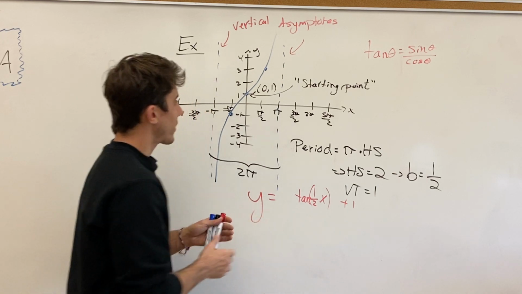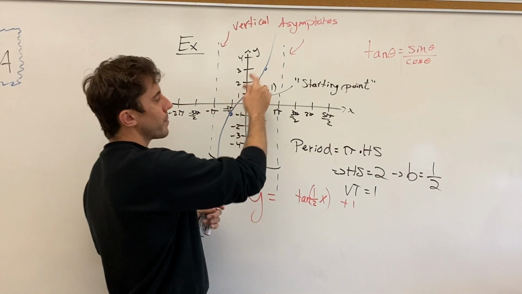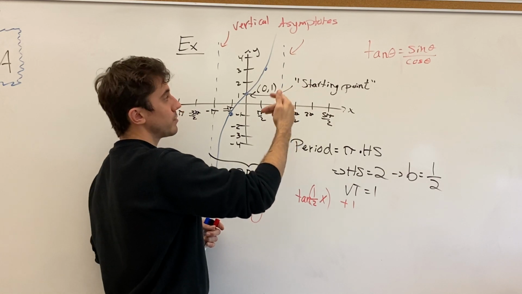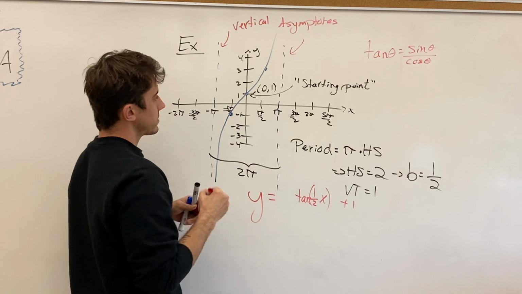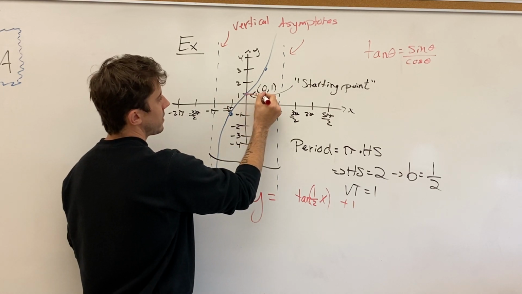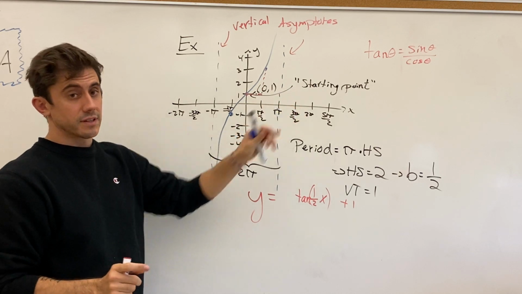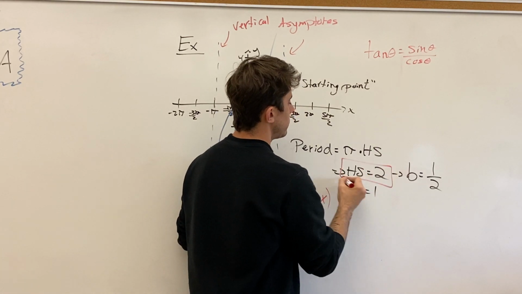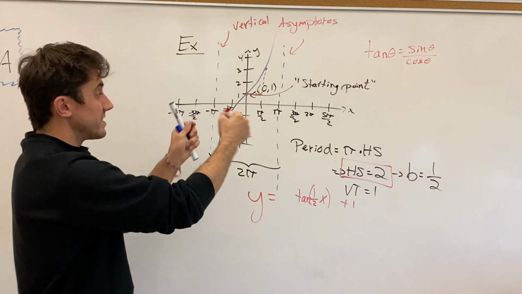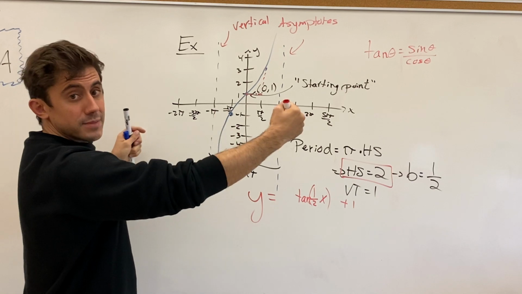And the last part of it is going to be, typically, we go over by pi over 4, and we go up by 1 to get to our next key point, right? Usually. Now, we know we don't go over by pi over 4 this time, because we already found that we underwent a horizontal stretch of 2. That means everything horizontally is being stretched apart by a factor of 2 times as wide.